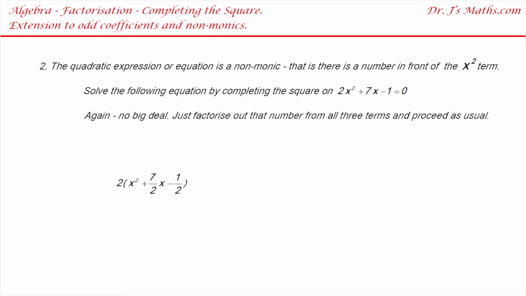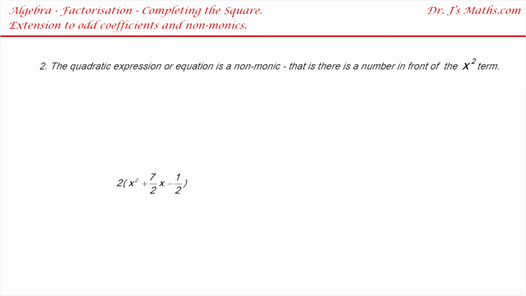Now we complete the square on the things that are inside those brackets. So we're going to maintain those outside brackets for a while. So 2 bracket and then open a new set of brackets, copy the x, copy the sign, divide 7 over 2 by 2, which just makes it 7 over 4, end brackets, square, take off the number we just created, which is 7 squared, 49, over 4 squared, which is 16, and then copy this number from our brackets, in this case the minus a half.